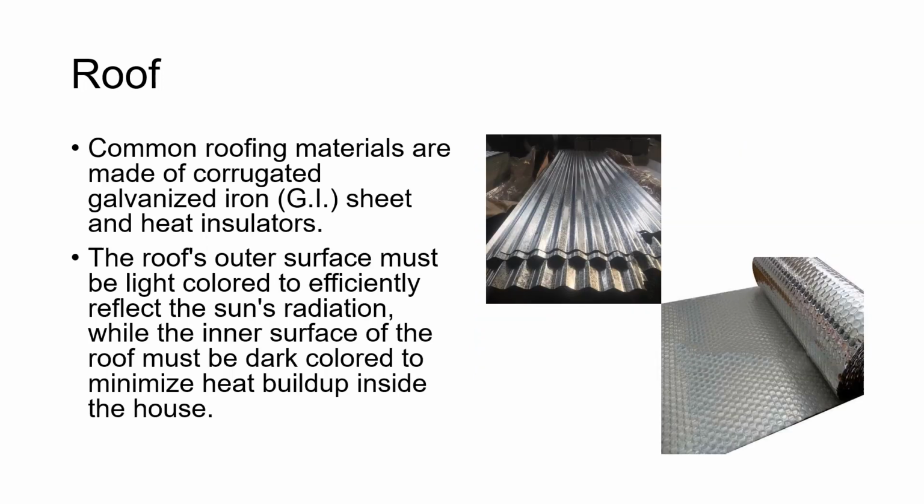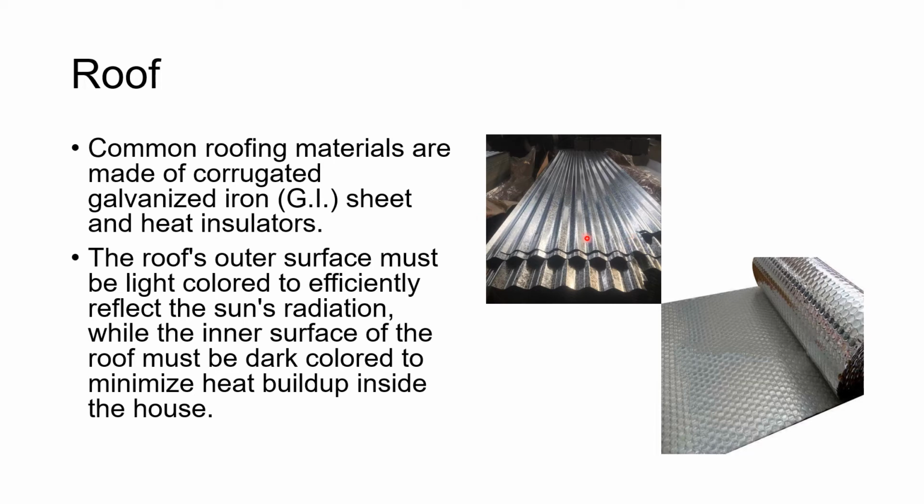So, there are many common roofing materials na pwede nating ilagay doon sa housing natin. Pero the most common roofing materials are made of the GI sheet na tinatawag, yung corrugated galvanized iron sheet. So, corrugated because of its shape. This is called corrugation.